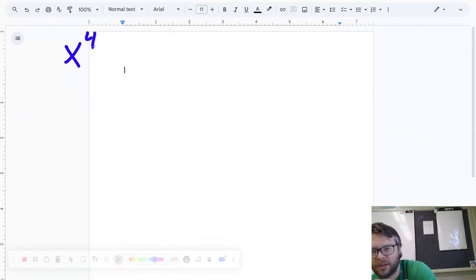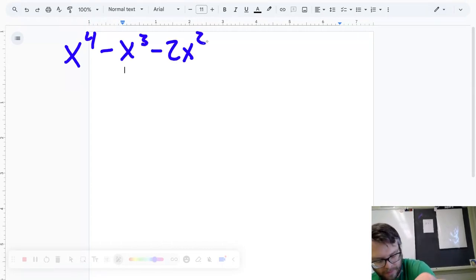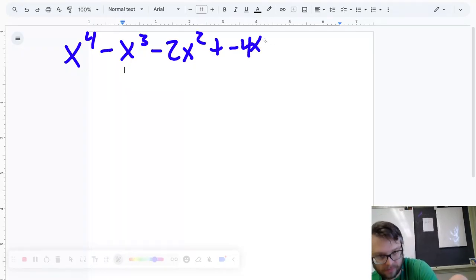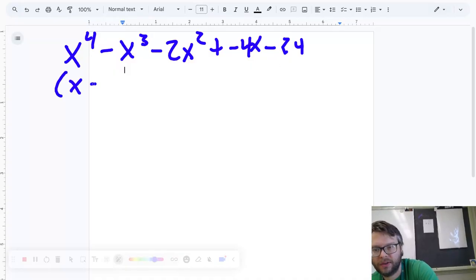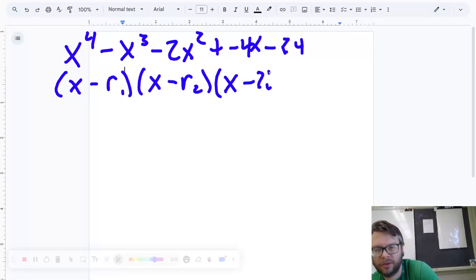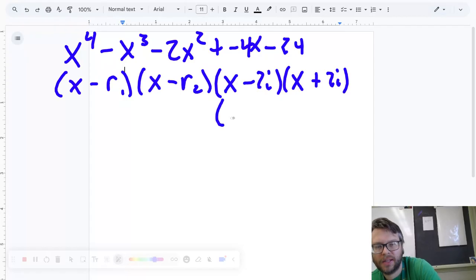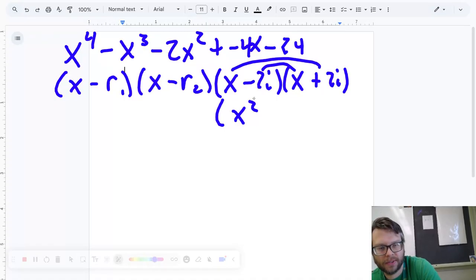Remember, we're changing our problem to actually work. We found that a was -4. And we know that this is going to factor to be x minus 1 root, x minus another root, x minus 2i, and x minus negative 2i. So if you multiply that out, you get x squared, negative 2ix, positive 2ix cancels.